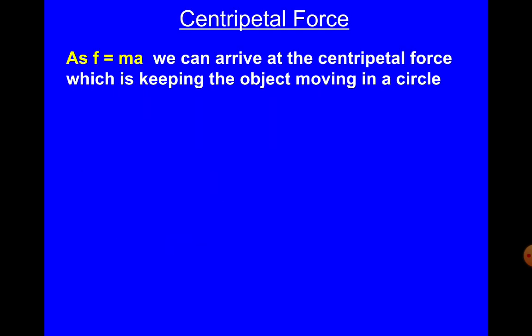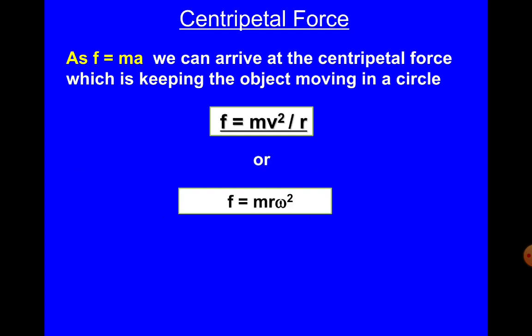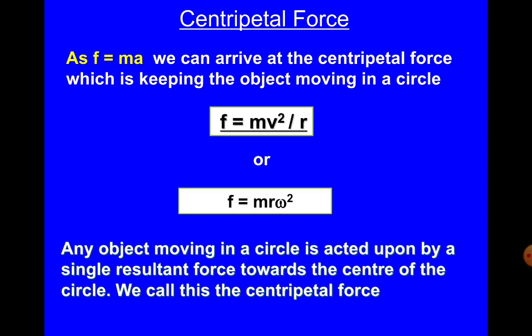We know that F is m times A, so making use of the circular motion we get F is mv squared over R, or the force is m r omega squared. So any object moving in a circle is acted upon by a single resultant force towards the center of the circle. And this is what we call the centripetal force.